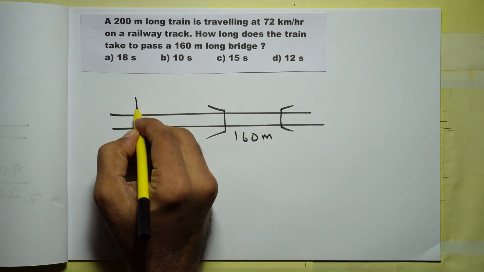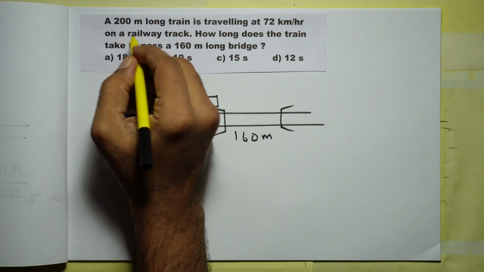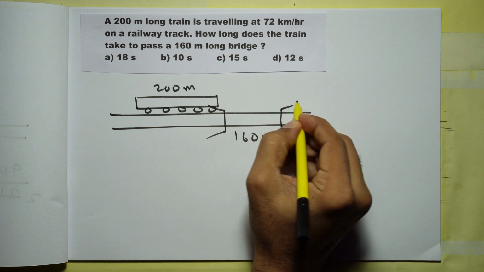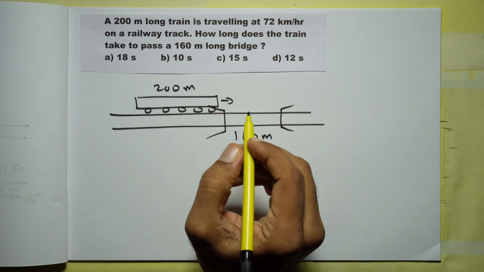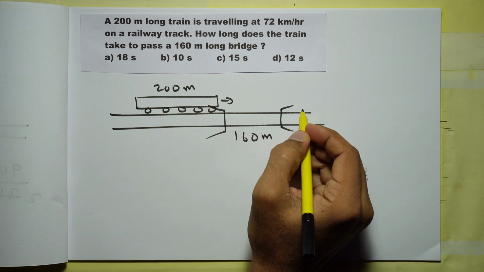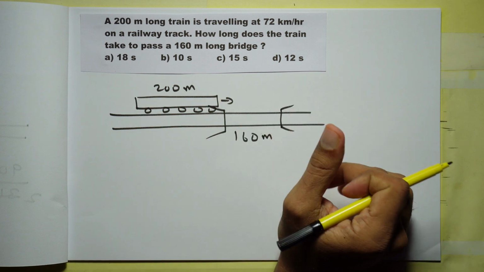And I can draw the train like this. And the train is 200 meters long. The train is moving in this direction. Now, what is the time required for the train to pass this bridge? Pass this bridge means the train should be completely ahead of this bridge.